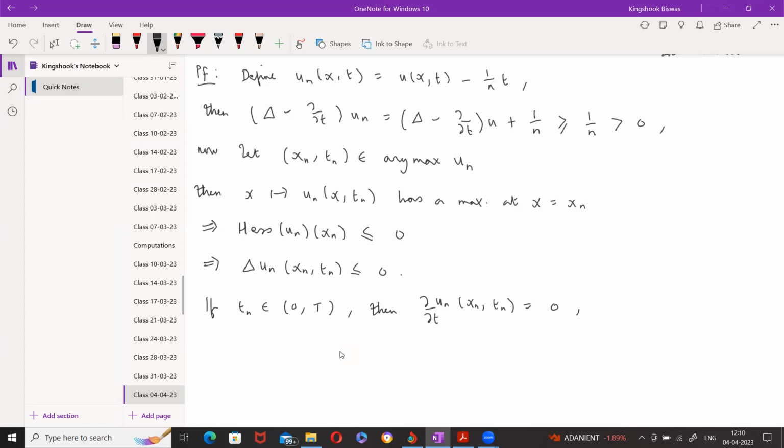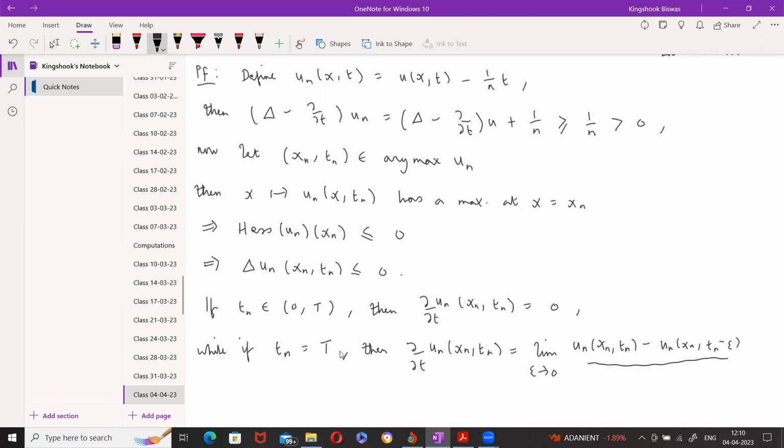While if t_n is equal to capital T, then ∂_t of u_n at (x_n, t_n) is equal to the limit as epsilon goes to 0 of [u_n of (x_n, t_n) minus u_n of (x_n, t_n minus epsilon)] over epsilon, and this is greater than or equal to 0, right?